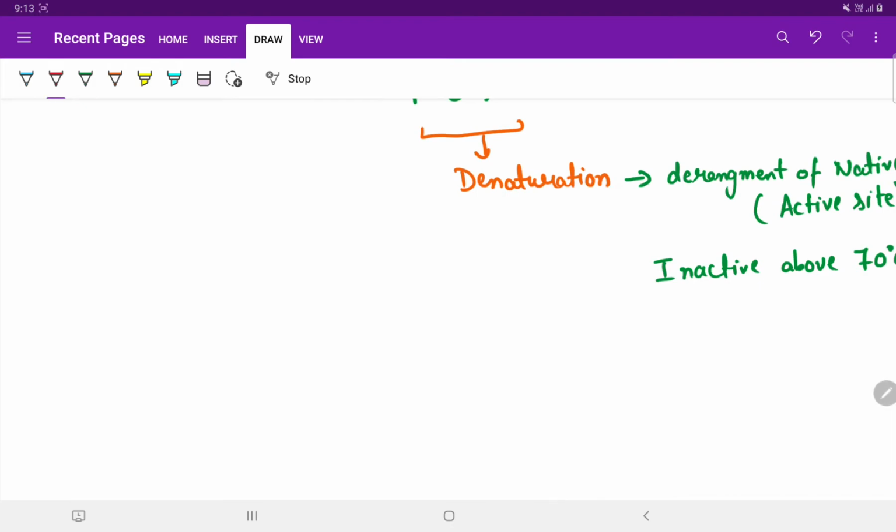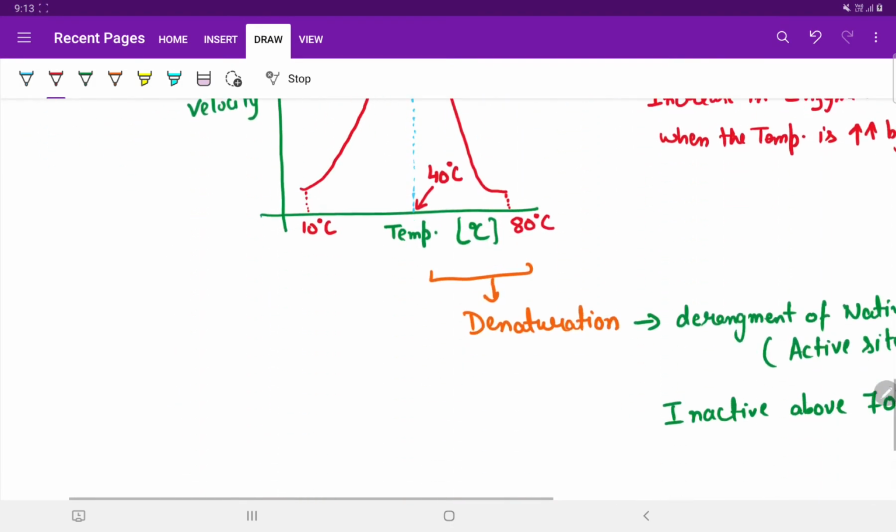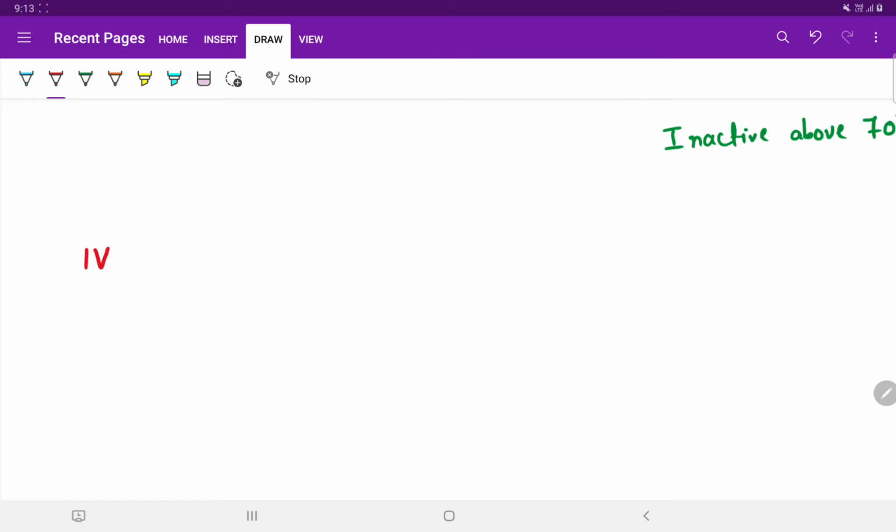So, the next is the 4th point, that is regarding the effect of pH. So, what is the effect of pH? An increase in the hydrogen ion concentration considerably influences the enzyme activity.